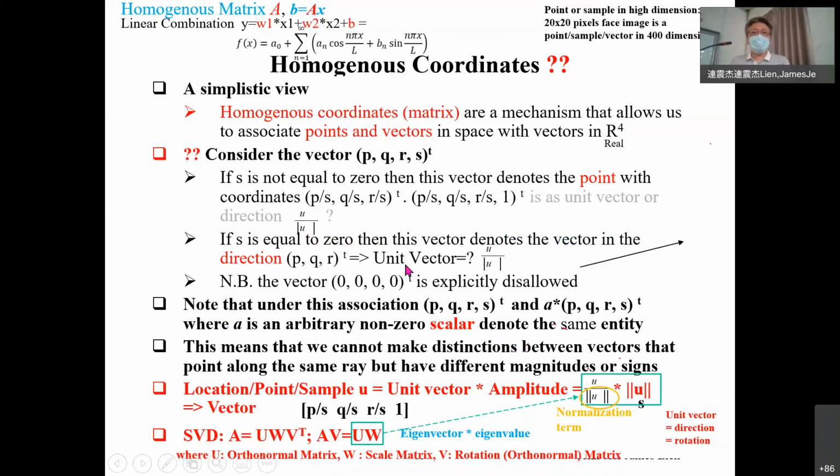So we talk about the homogeneous matrix, the A. Right now we talk about the vector. We talk about matrix. We talk about vector. So any point, no matter it's 2D or 3D, actually it's a vector.